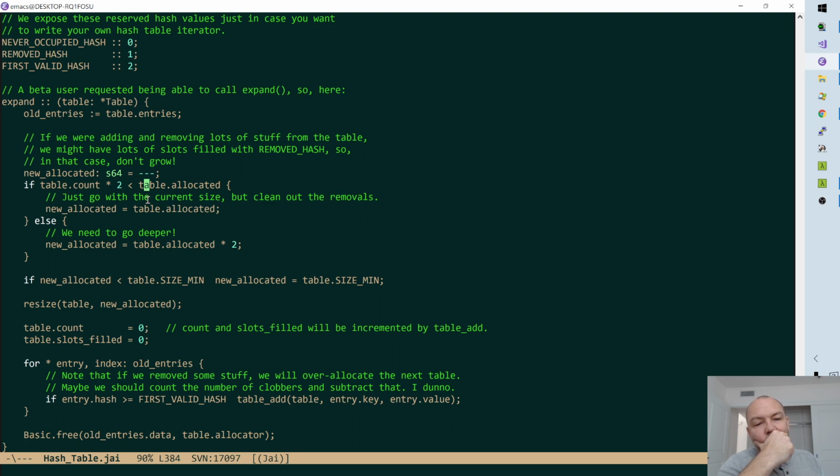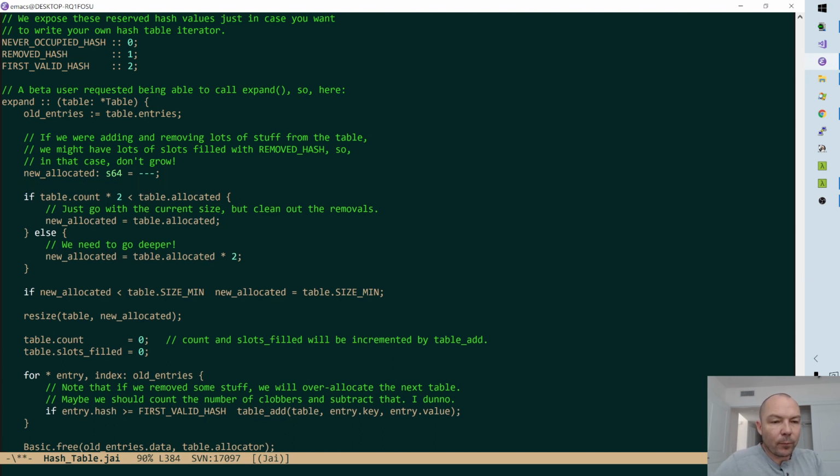Okay, so we want desired slots is table.count times 100 divided by table.load factor percent, right? Plus 1.